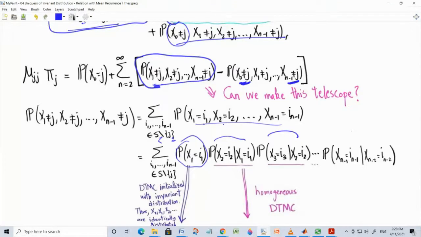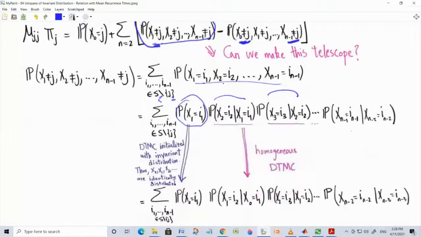So now here is the trick. The probability that x1 is equal to I1 is the same as the probability that x0 is equal to I1. Why is this the case? The random variable at time instant 1 has the exact same distribution as the random variable at instant 0. Why? Because the Markov chain has been initialized using the stationary distribution.